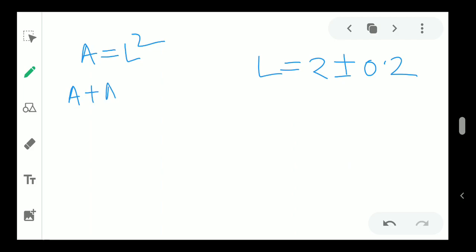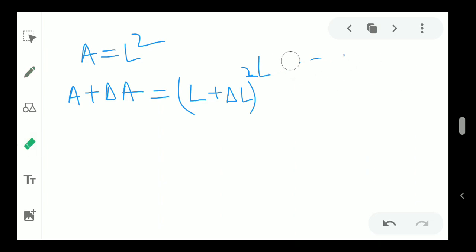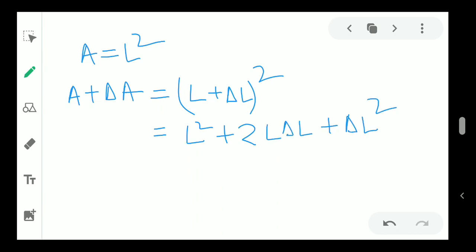Let's say the final one will be A plus delta A is equal to L plus delta L whole square, right? I'm rubbing it, so that I can show you the general thing. If we split this, this will be L square plus 2 into L delta L plus delta L square. Now I told you already, delta L is a fraction, so if you square it, it will be much smaller, so you can ignore that thing, right?